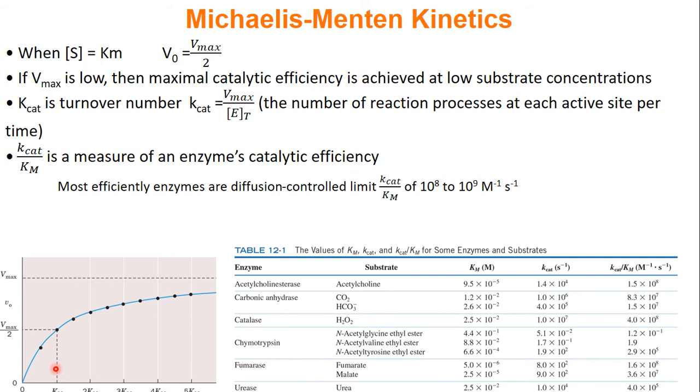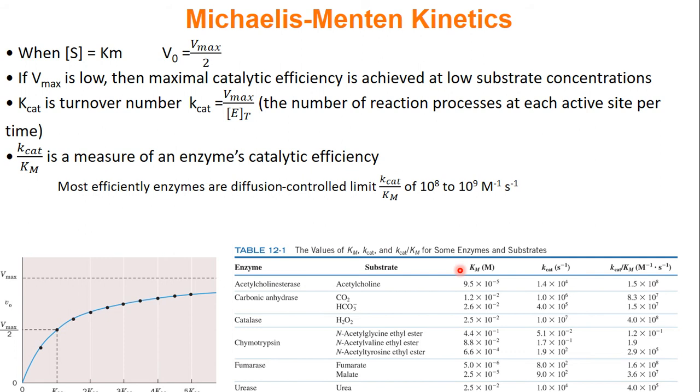And Km gives you an idea of how good at binding the enzyme is. The smaller the Km, the faster or the easier it is to get to Vmax. That's what Km really means.